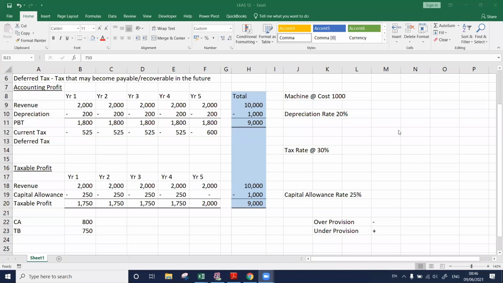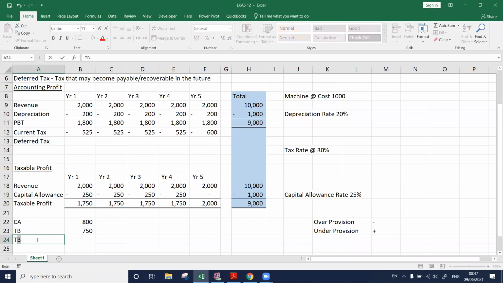Now we need to determine whether it is a taxable temporary difference or a deductible temporary difference. I will say TD to denote temporary difference.